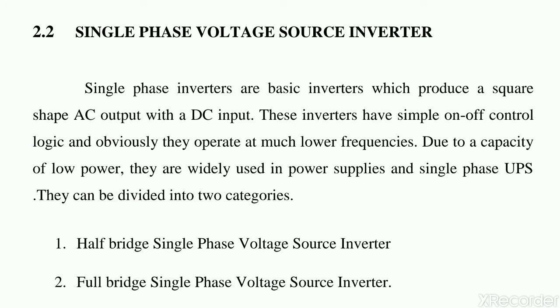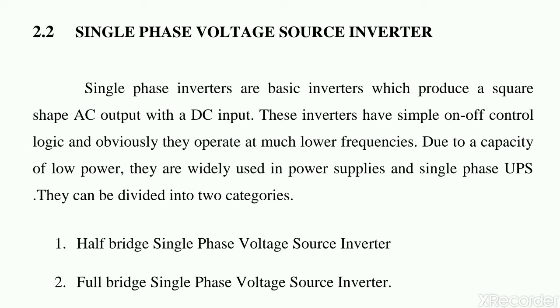So now we are discussing about the single phase voltage source inverter. One can see in the description, single phase inverters are basic inverters which produce a square shape AC output with a DC input. These inverters have simple on-off control logic and obviously they operate at much lower frequencies. Due to capacity of low power, they are widely used in the power supplies and the single phase UPS.